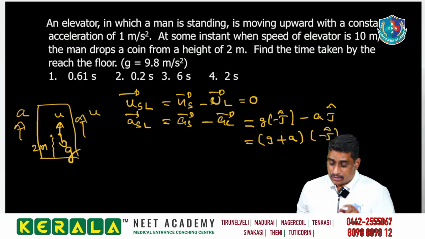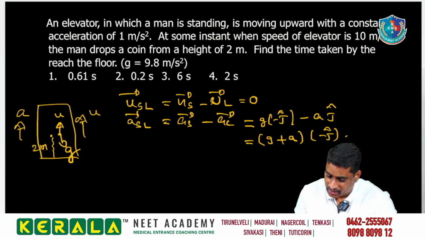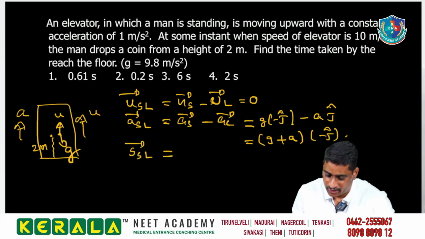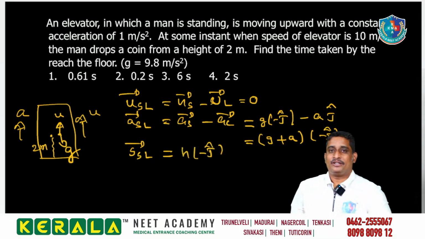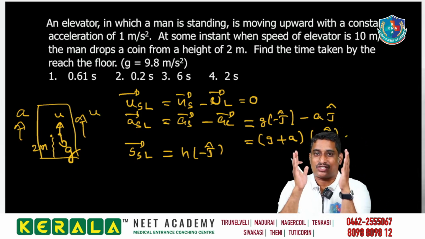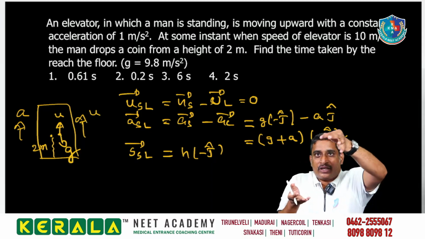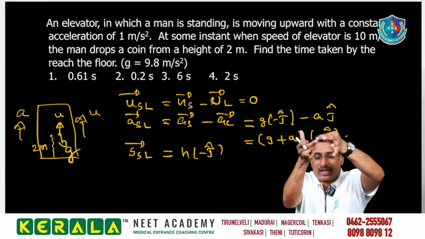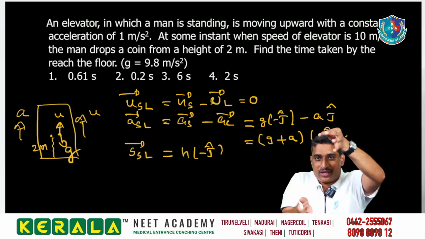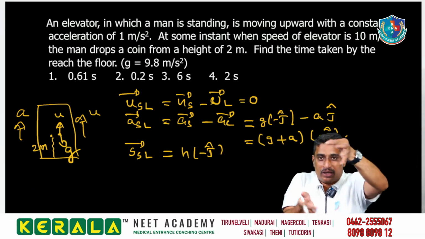Then the displacement covered by the stone with respect to the lift will be that height h times minus j cap. With respect to the lift we are calculating, which means we are assuming that the lift is at rest. If you assume the lift is at rest, after releasing, that stone has to cover h distance to reach what we call the floor of the lift.